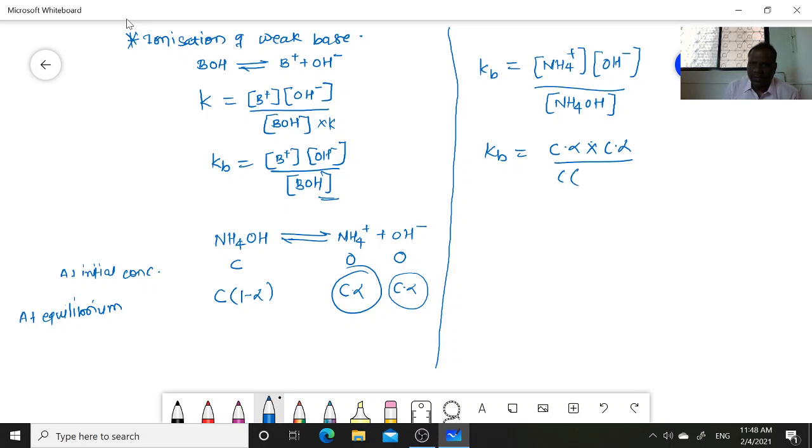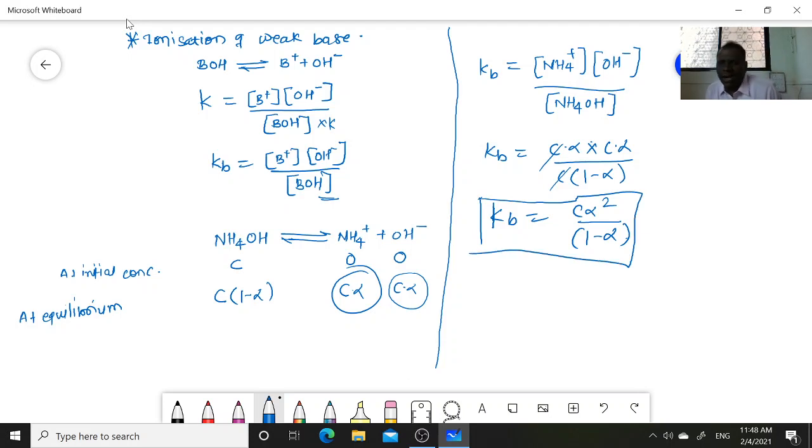One of the C will get cancelled. Therefore, Kb equals C alpha square divided by 1 minus alpha. That is the dissociation constant for the weak base, where C is the concentration and alpha is the degree of dissociation.